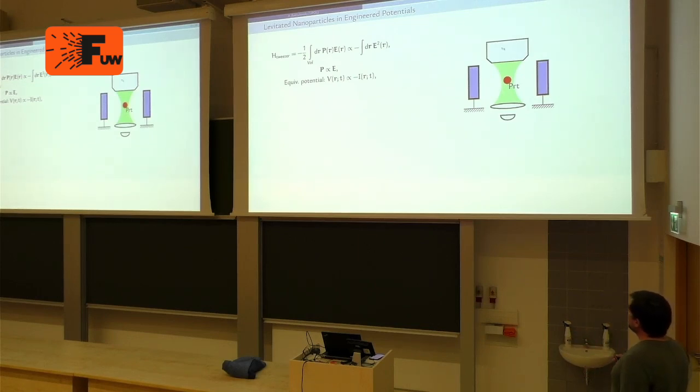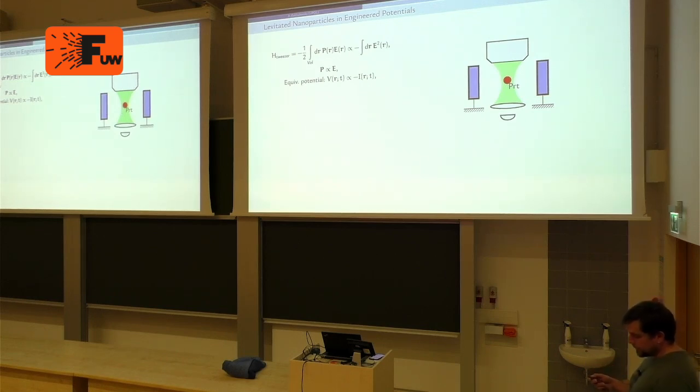Well, if you have a dielectric in an electromagnetic field, then it will likely become polarized, and if the field around the dielectric is inhomogeneous, then this particle will feel a force, which will drag it towards higher intensity.